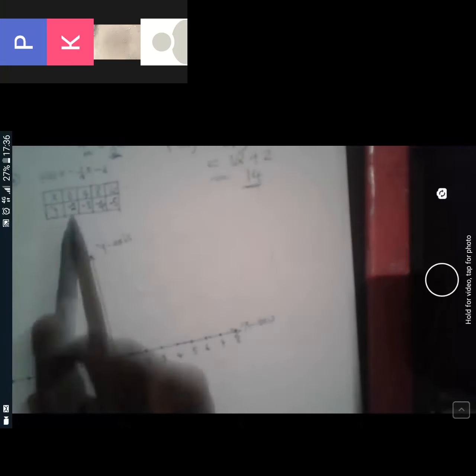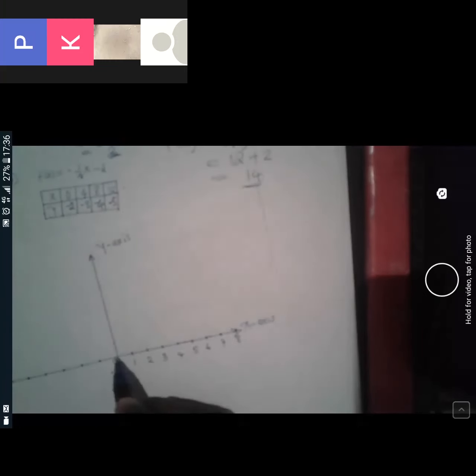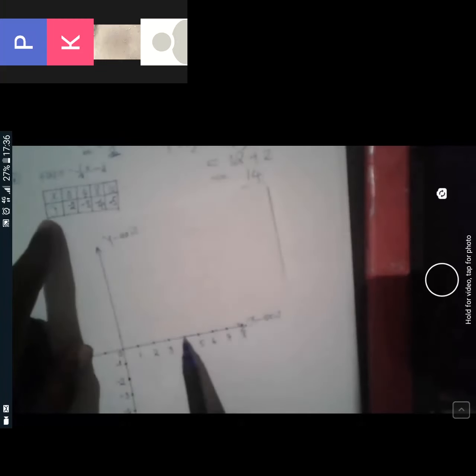So let's look at the table of values that we have here. When x is 0, y is -2, so -2 is here. And when x is 4, the y value is -3, so it's going to come somewhere there, at (4, -3).